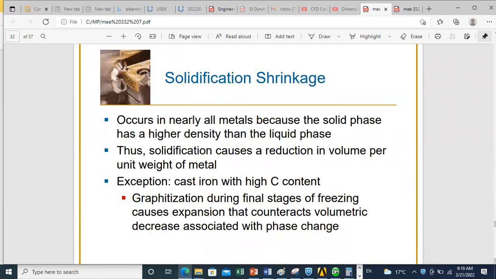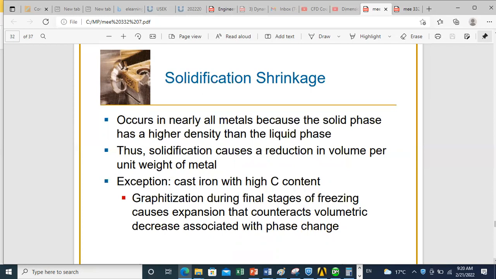So solidification shrinkage occurs in nearly all metals, because the solid phase has a higher density than the liquid phase. Therefore, solidification will cause a reduction in volume per unit weight of metal. And we have only some exceptions for this. For cast iron with high C content, high carbon content will avoid shrinkage effects.